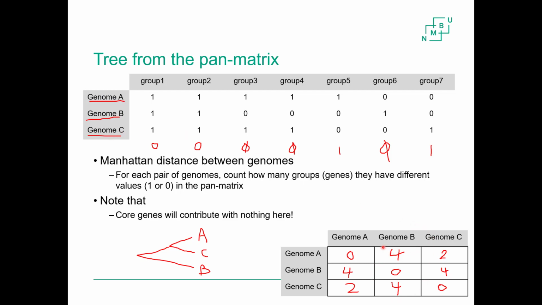So that's the distance we measure: count the number of genes where they have a different present-absent status. And notice that the core genes contribute 0 each time. They will not add any information to this table because they are present all over. Only these genes out here will have some impact on how the values differ.